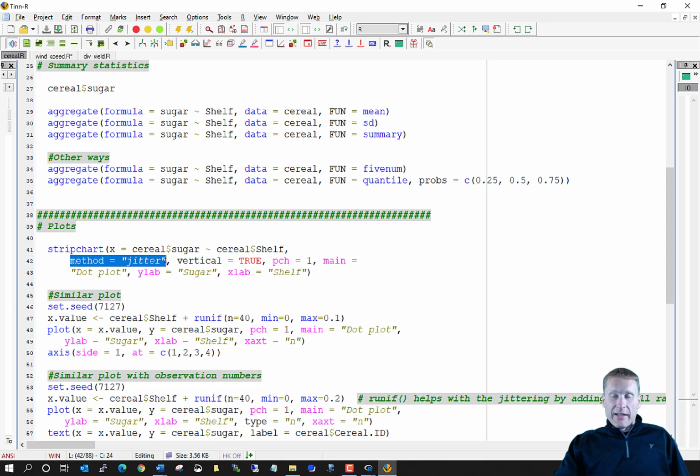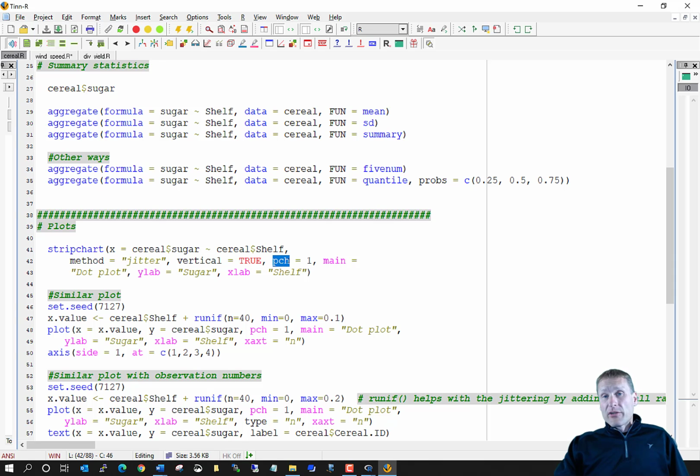Method equal jitter, that does the jittering in the x-axis direction. Vertical equals true, meaning notice how those points were in a vertical manner. If I had false, instead they would be in a horizontal manner. We will typically always do dot plots in our class in the vertical manner, and you'll see why shortly.